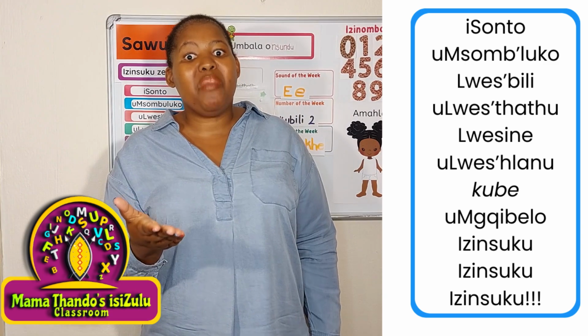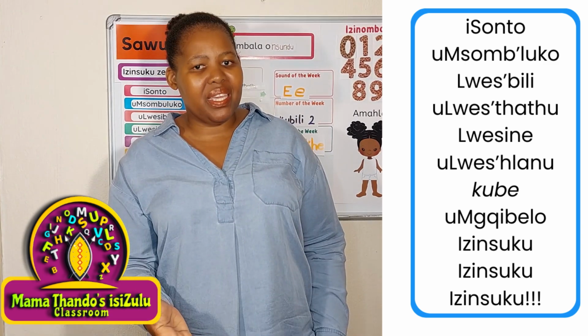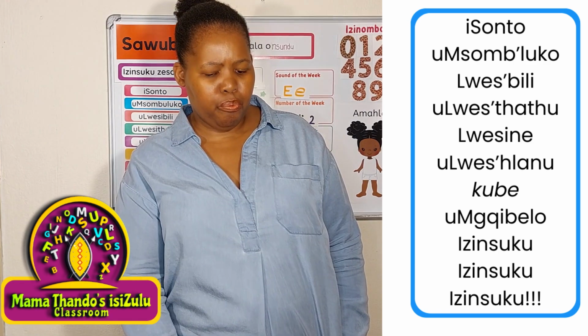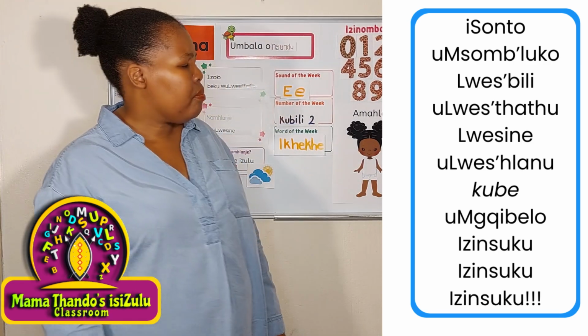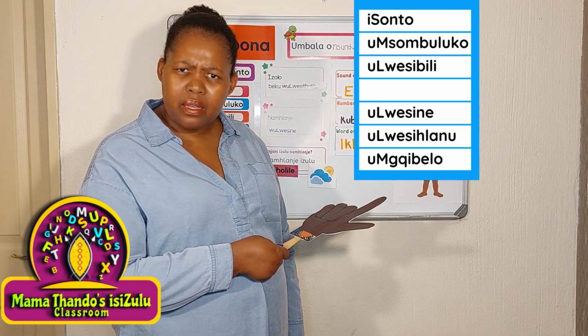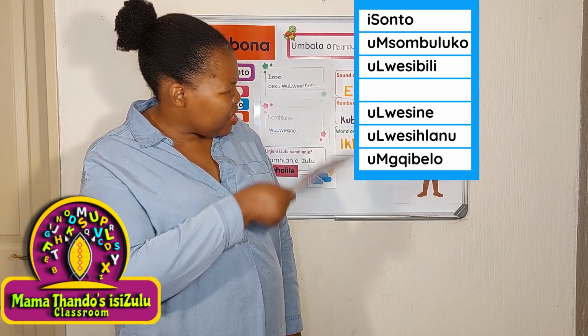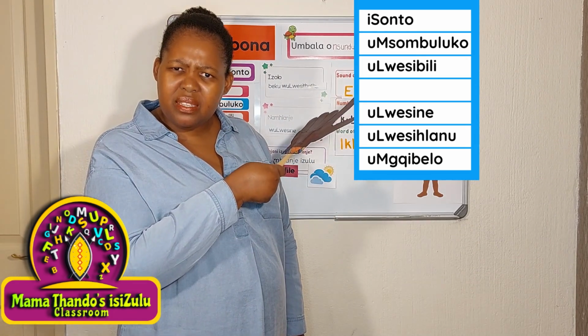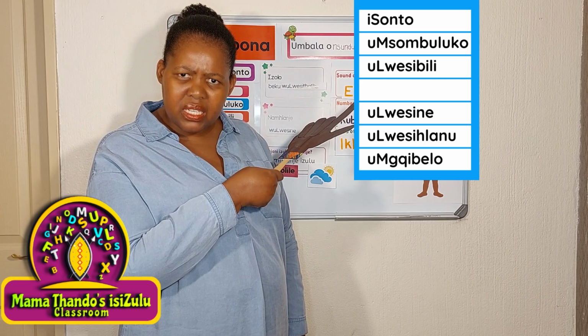Great, mngani. Now that you remember the days of the week, I would like you to help me here. Mngani, do you see the days of the week? There's something odd here. Something is missing here, isn't it?